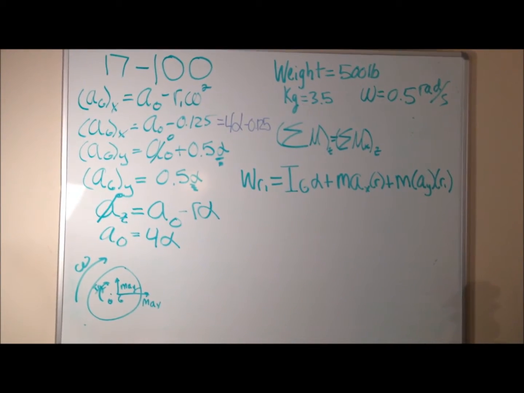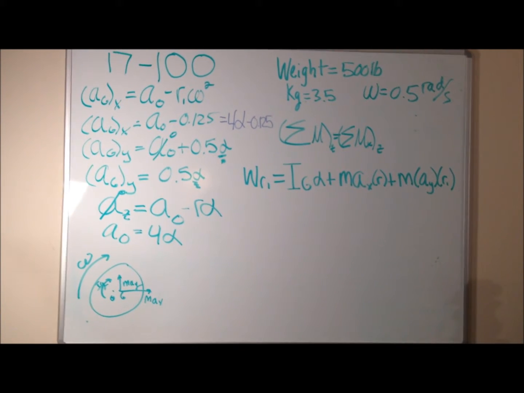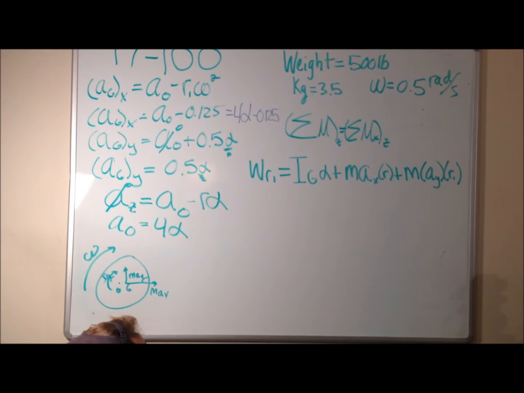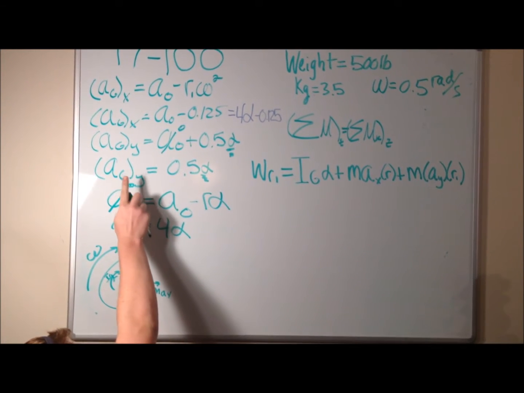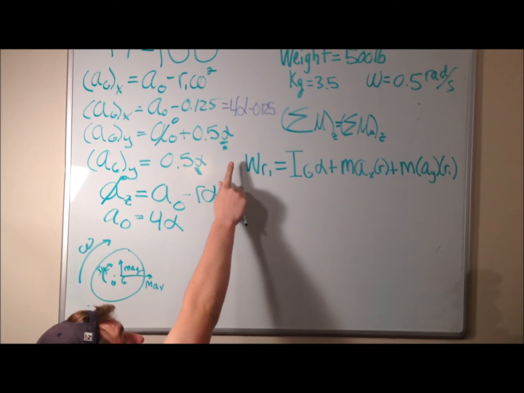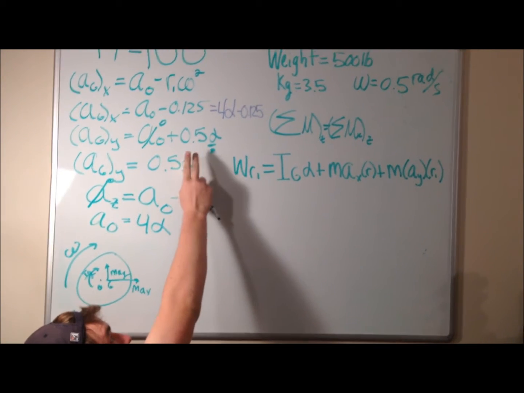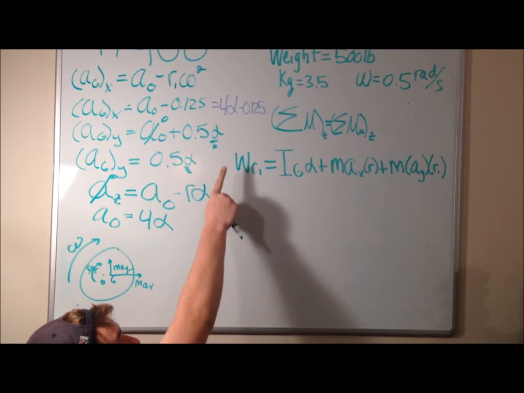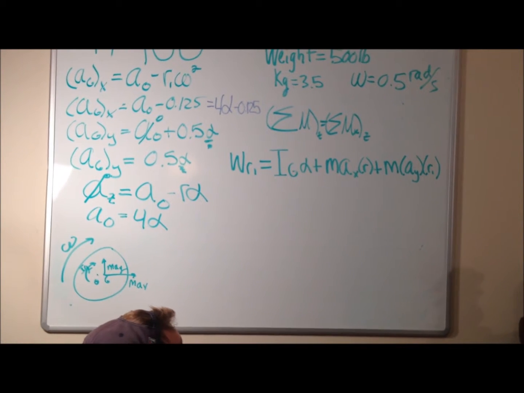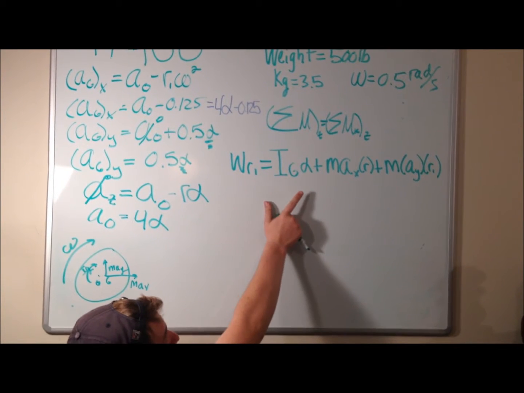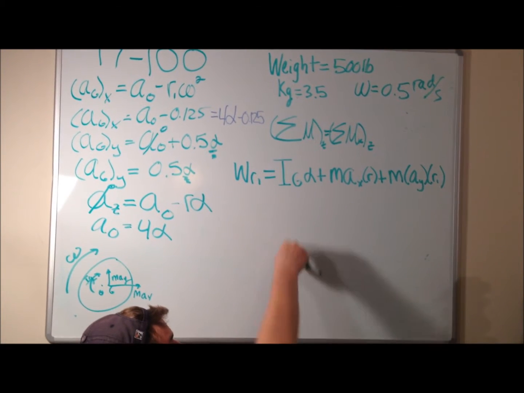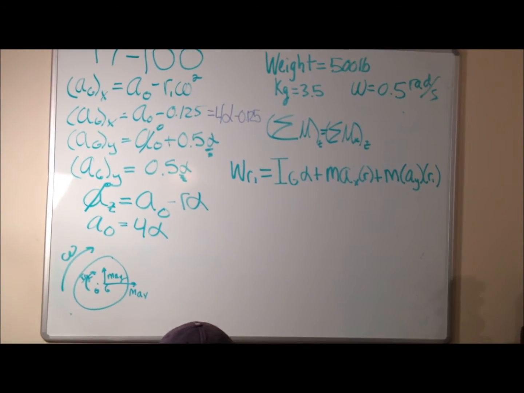Okay, so we've skipped a few steps. But basically what I did during the break is I wrote the acceleration of point G in the x direction in terms of alpha and what we had before. So that's now equal to 4 alpha minus 0.125. And I've gone ahead and written out our equation of motion. We have all these terms now, except for I_G, and that's pretty simple to get.